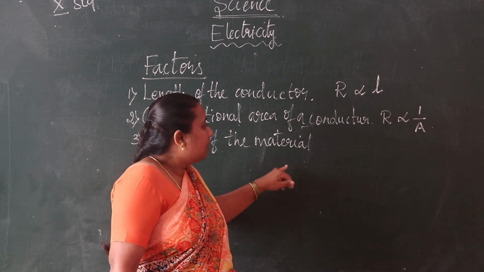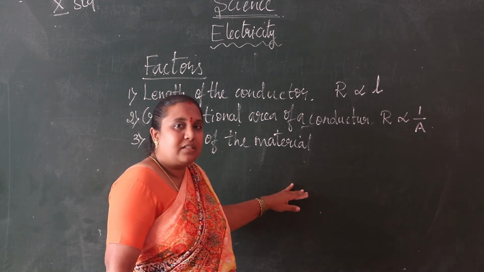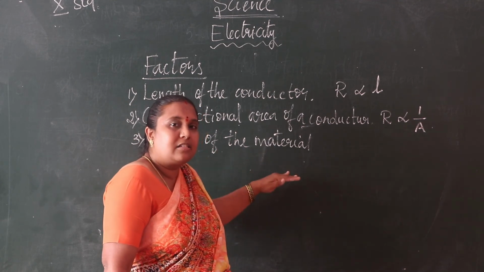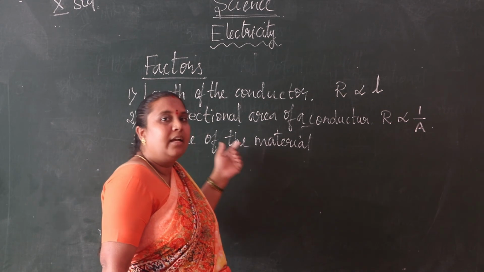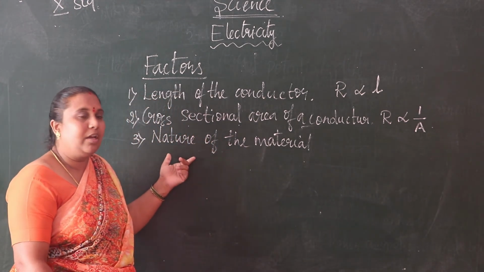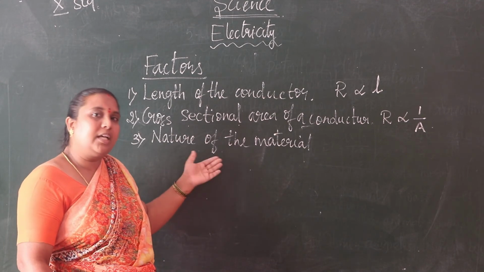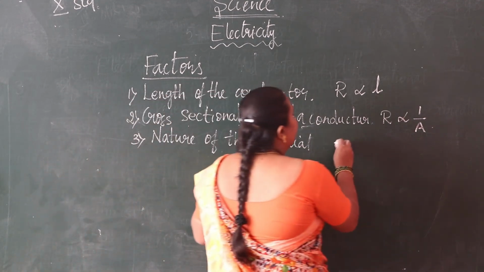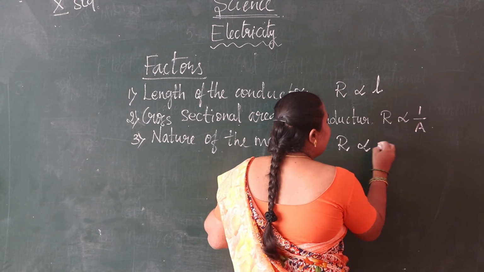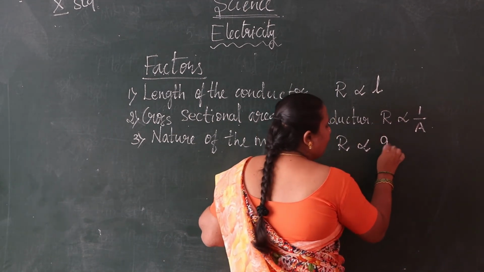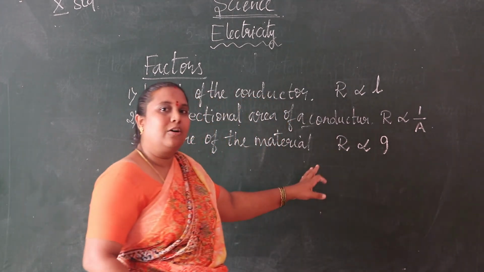The resistivity differs based on the nature of the material. Whichever material we take, the resistivity depends upon that material. So R is directly proportional to the nature of the material, rho.